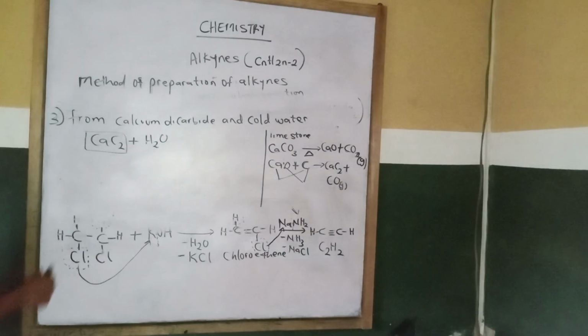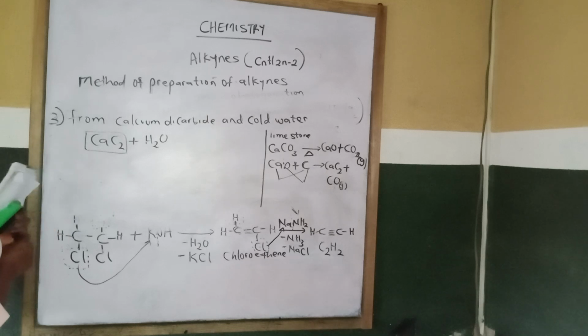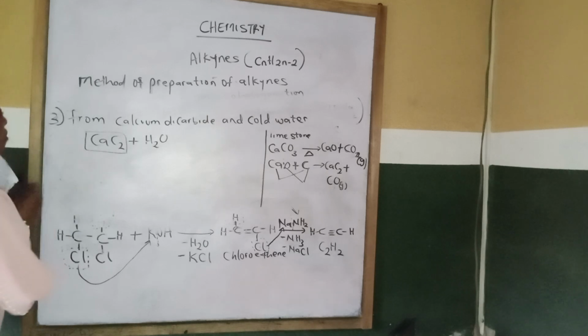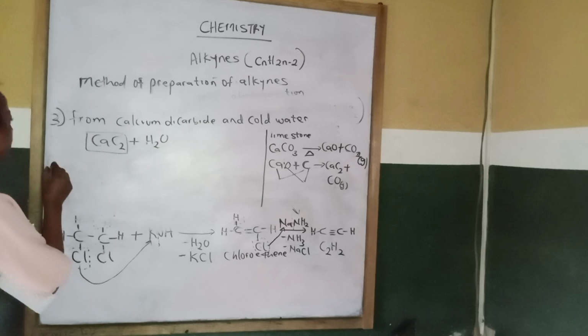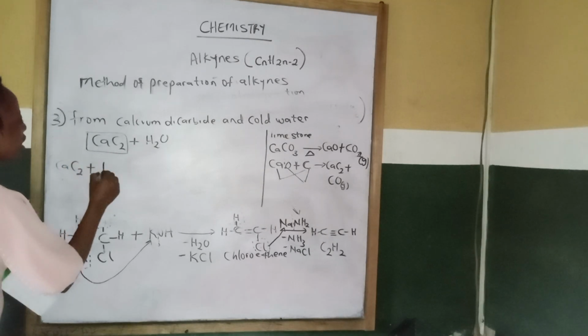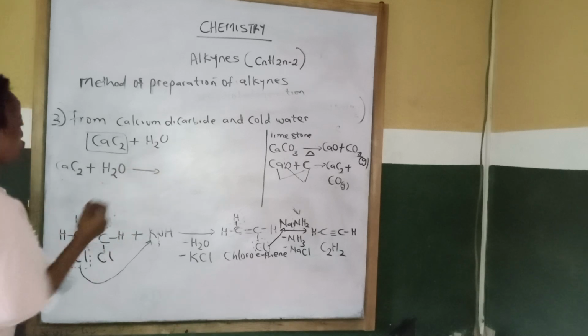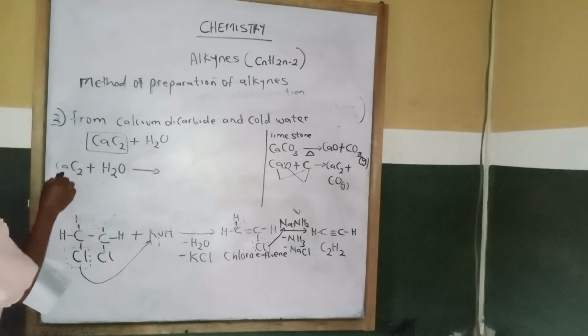Now let's come back to preparation of ethyne from calcium dicarbide. So CaC2 plus H2O. What will be our product?